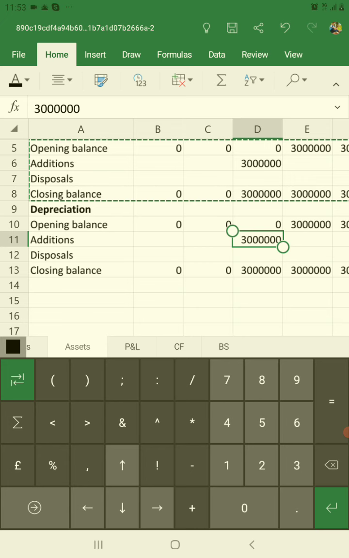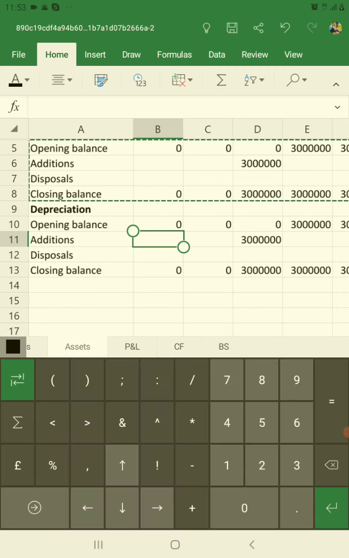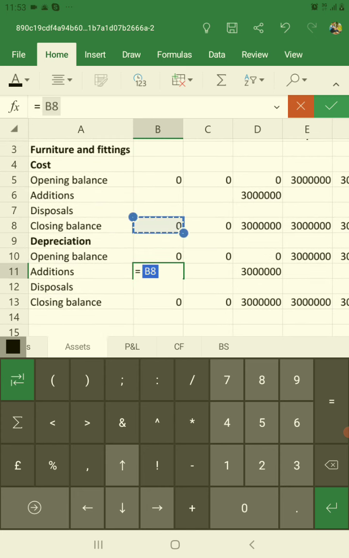Instead of removing, let me just come here at the beginning and put formula for addition of depreciation. So depreciation for furniture and fittings is normally 12.5% per annum. So I'll start with equal sign, pick closing balance for furnitures here, multiply by 12.5%, that is per annum.